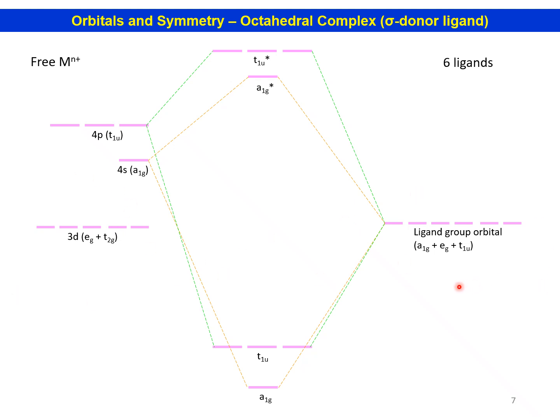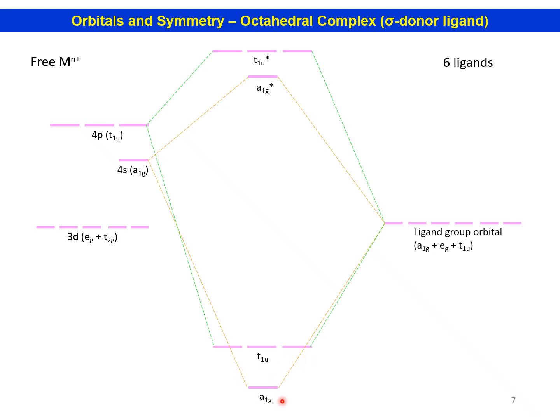When overlapping happens, they will be split into bonding and anti-bonding energy. The bonding energy is always below the non-bonding, and the anti-bonding is labeled with a star. That is always placed above the non-bonding level. So please remember, A1g is the s orbital, and T1u is the symmetry representing the p orbital.